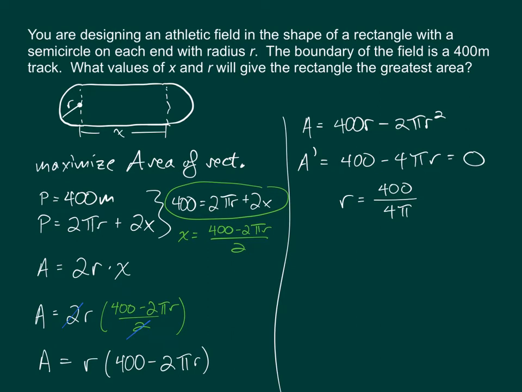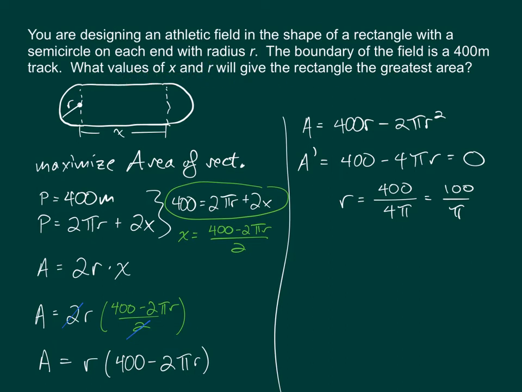Now, this is a strange thing here. This can be reduced to 100 over pi if you divide the top and bottom by 4. But what's strange here is that we're trying to find the dimensions of the rectangle. Oh no, I guess it says what values of x and r.